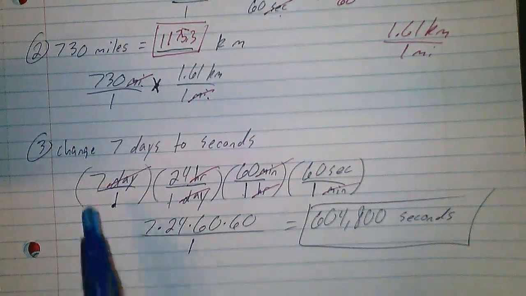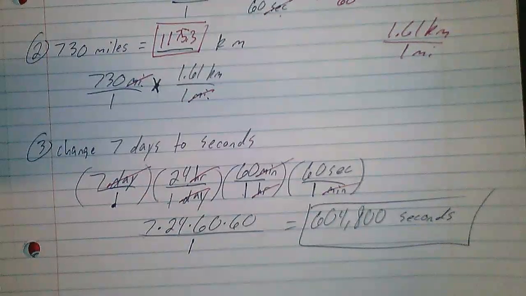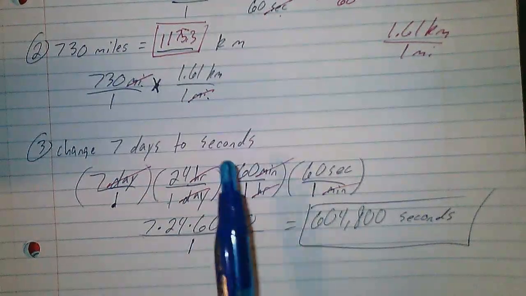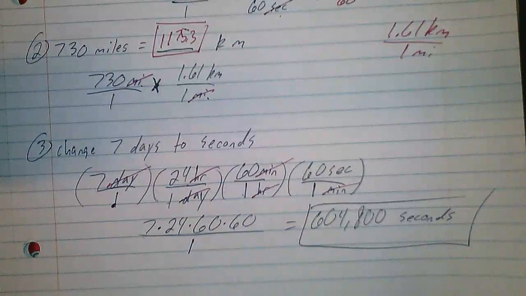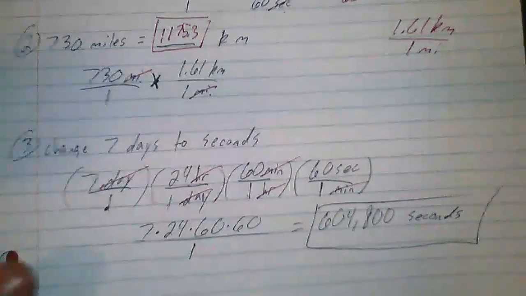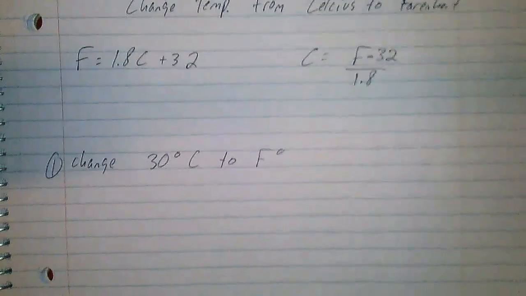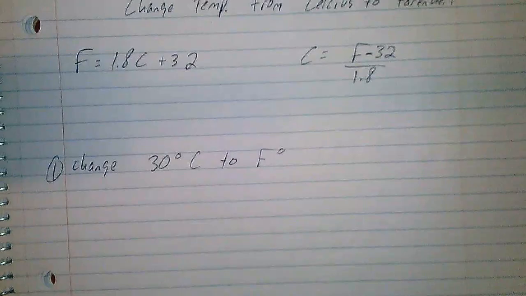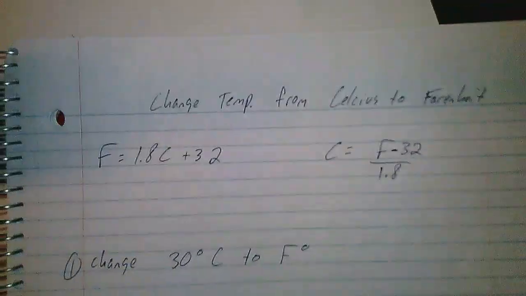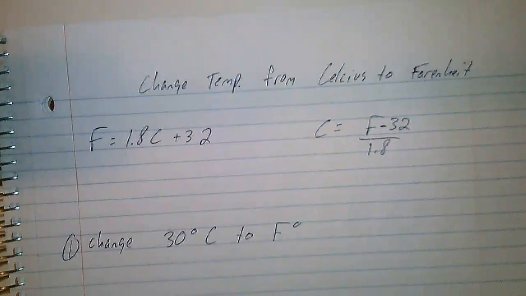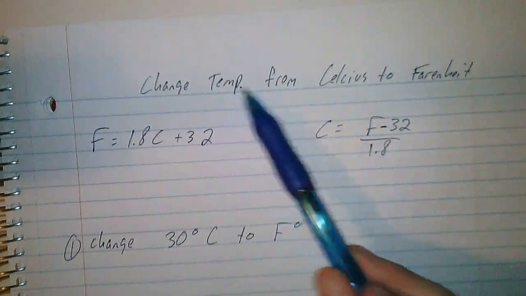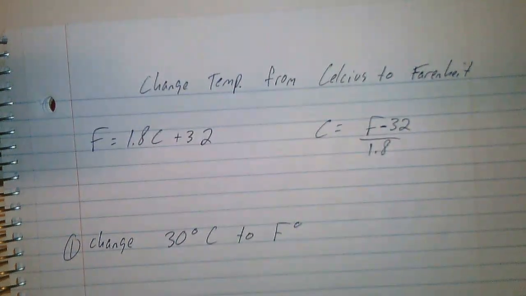So there's one where you have to go multiple steps. Just keep going until you get to the desired unit. Let's look at a couple more as I turn the page. You'll also have these problems in which you convert temperature from Celsius to Fahrenheit or vice versa.